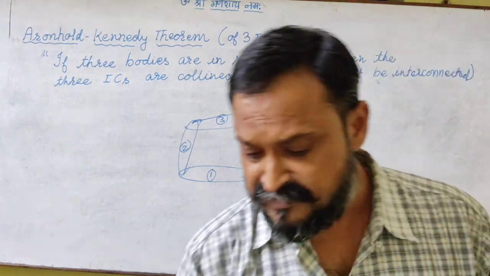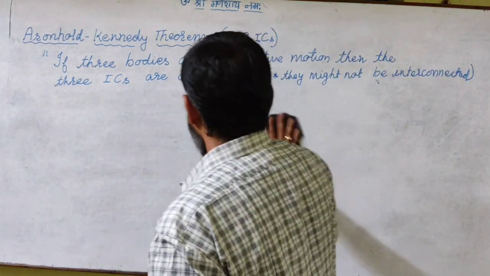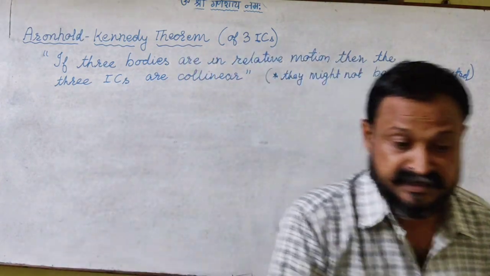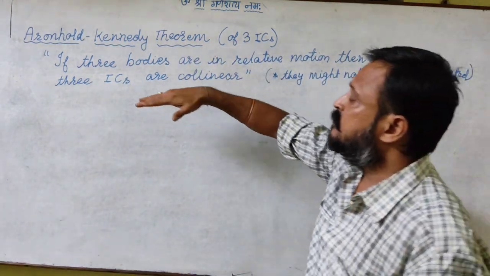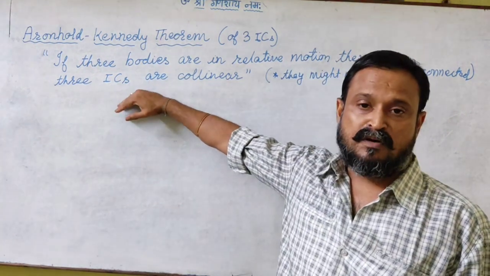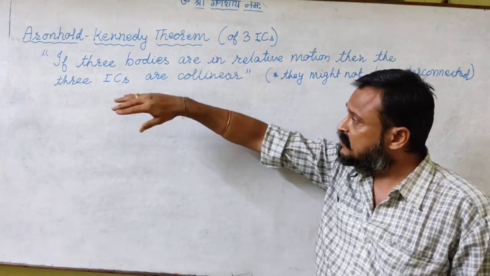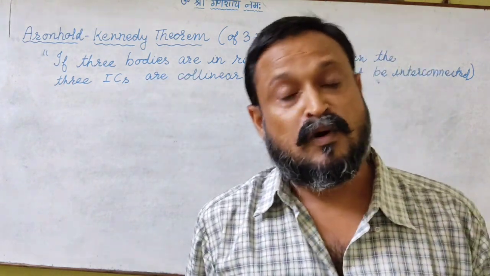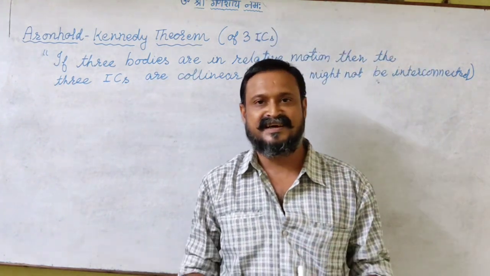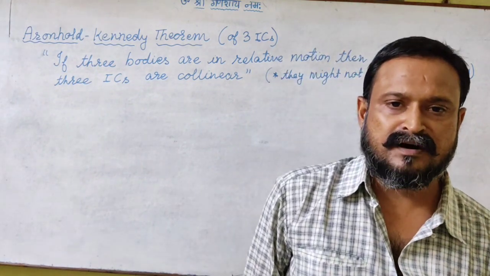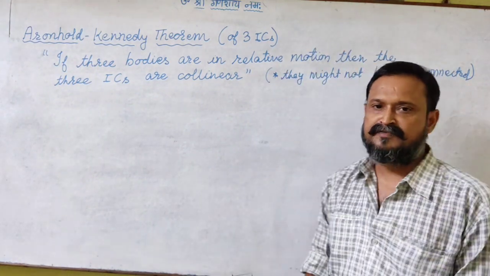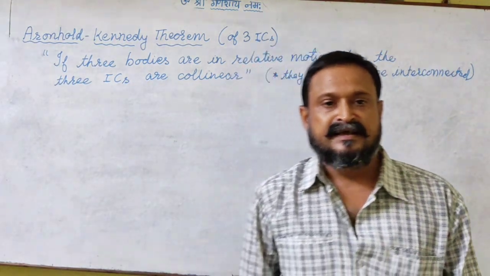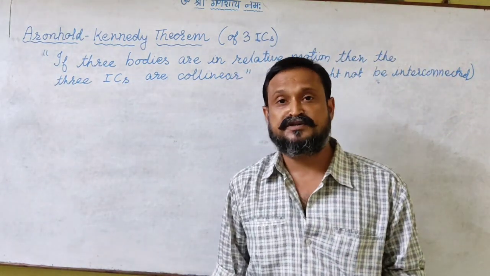So here we will try to understand how this is possible. Now this condition is proved by contradiction. That means we will assume the three centers to be non-collinear, and we will show that this is impossible.